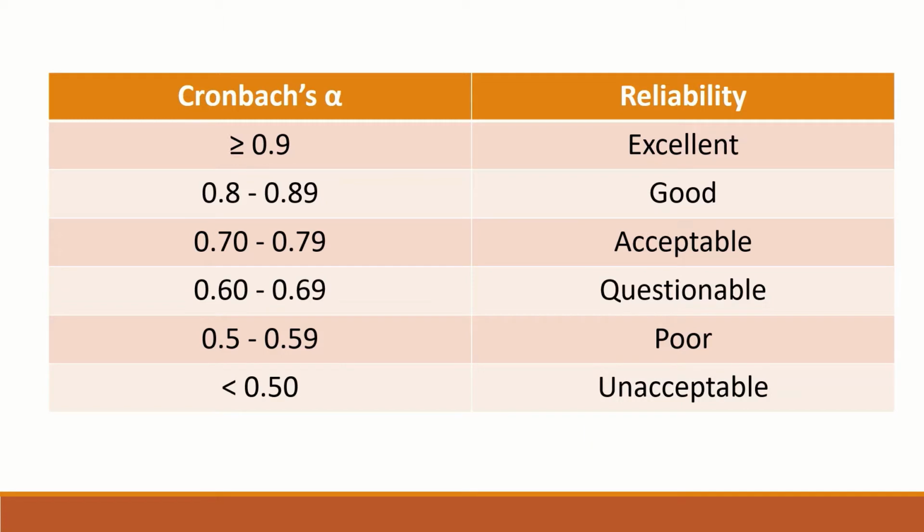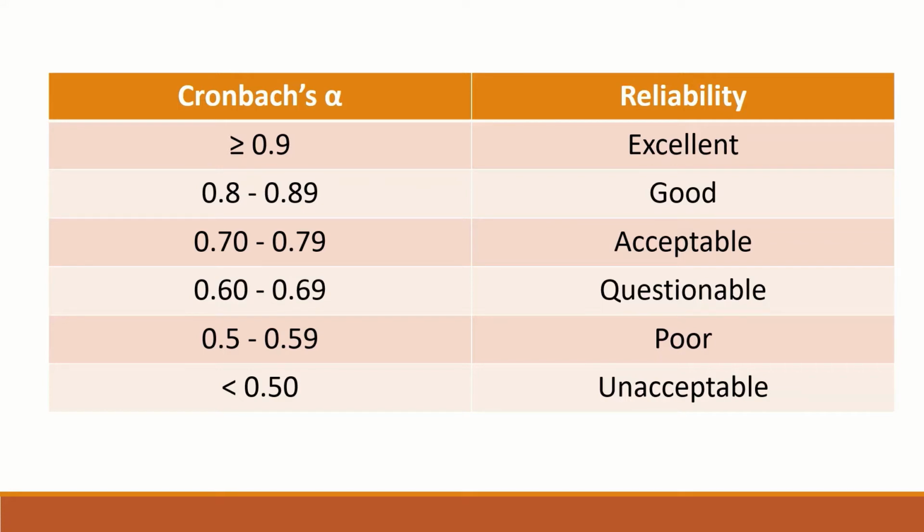In the following table, the Cronbach's alpha range is represented by reliability level. A test that is reliable and has an excellent reliability will have a Cronbach's alpha between 0.9 and above. A Cronbach's alpha range of 0.8 to 0.89 will have a good reliability.